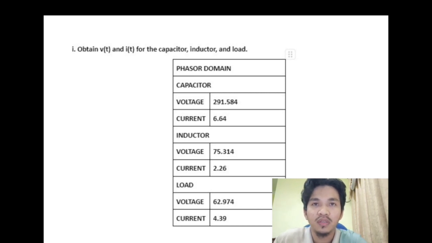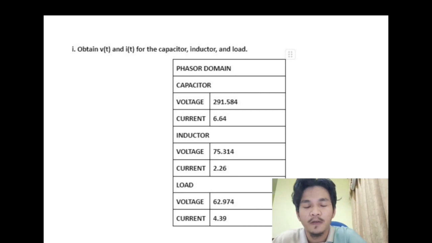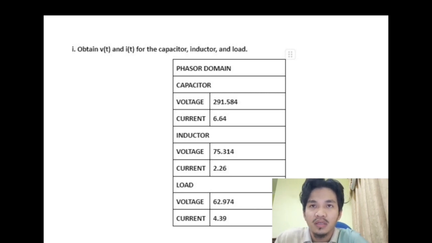For the capacitor we get 291.584 volt, for the inductor we get 75.314 volt, and for the load we get 62.974 volt. Other than that, to find the current values, we use a current clamp.